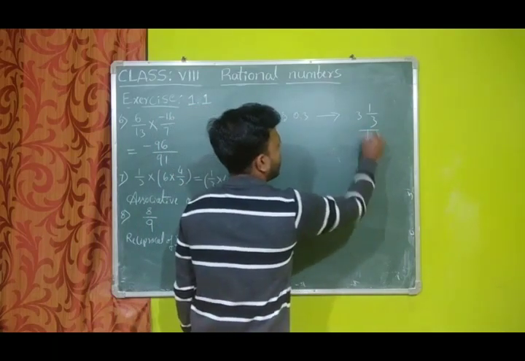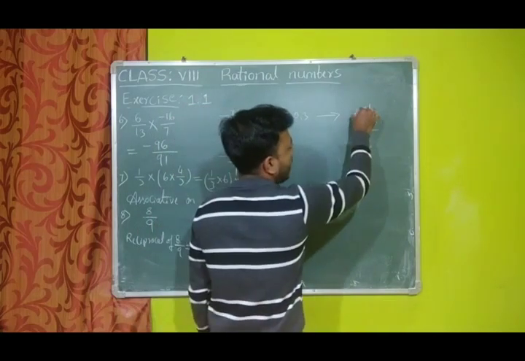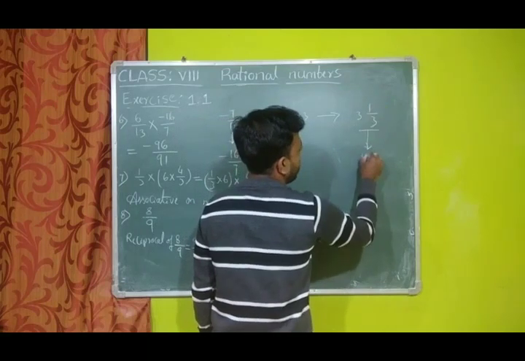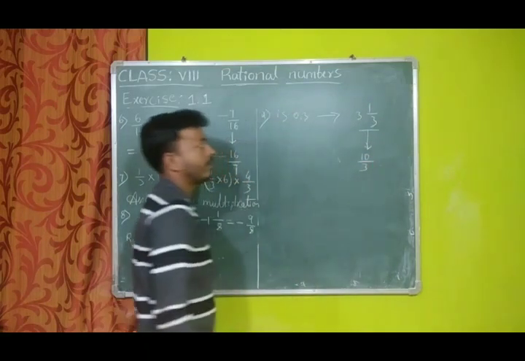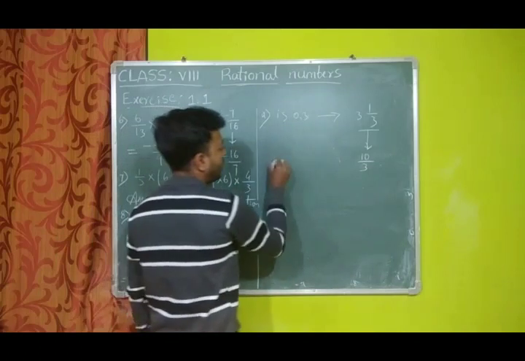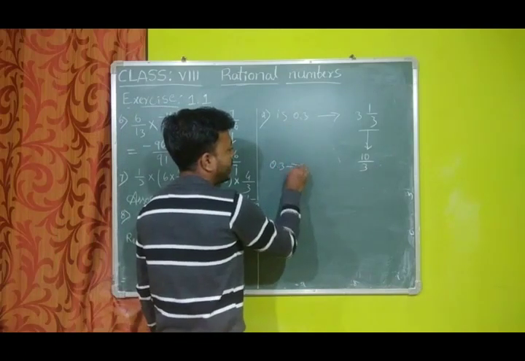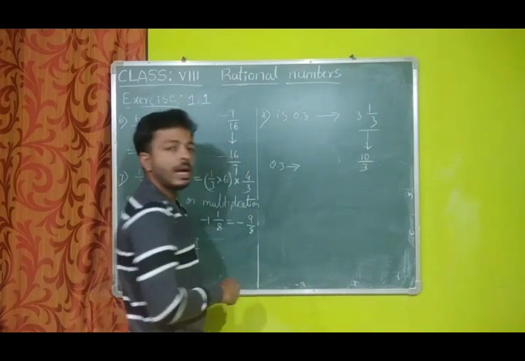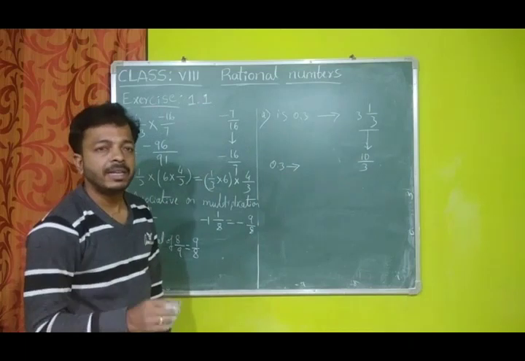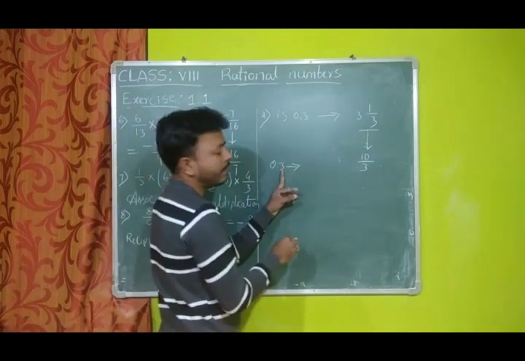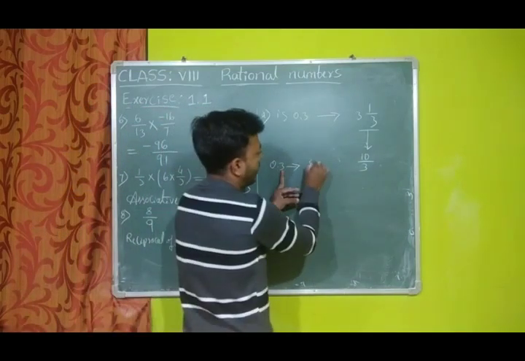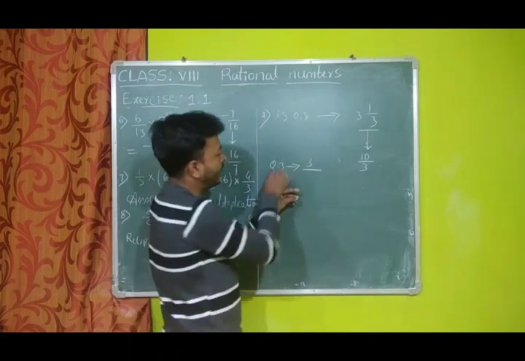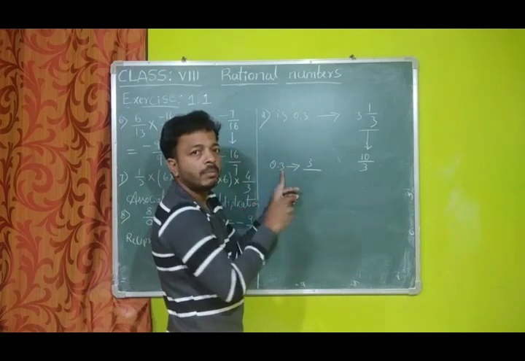Yes. First you have to simplify this. 3 3s are 9, 9 plus 1 is 10 upon 3. Yes, 10 upon 3 and 0.3. So write 0.3 in fraction form, which you already learned in the previous standard. In 0.3, how many numbers are there after the decimal? One number.